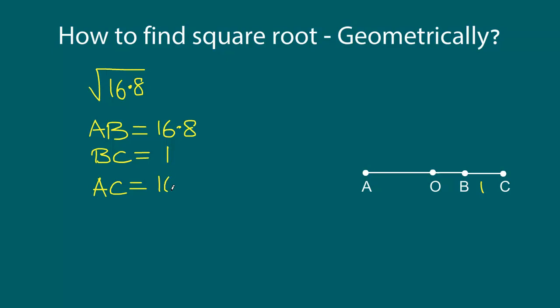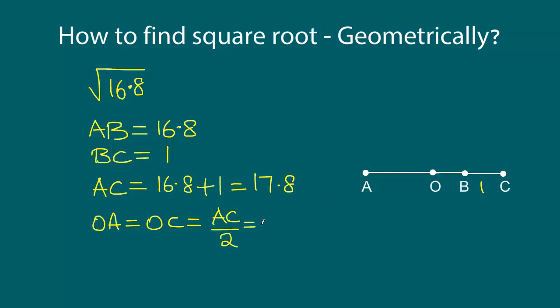AC will be AB, which is 16.8, plus BC, which is 1. So this will be, say, 17.8, right? So now OA or OC will be equal to half of AC. So AC by 2, or 17.8 by 2.